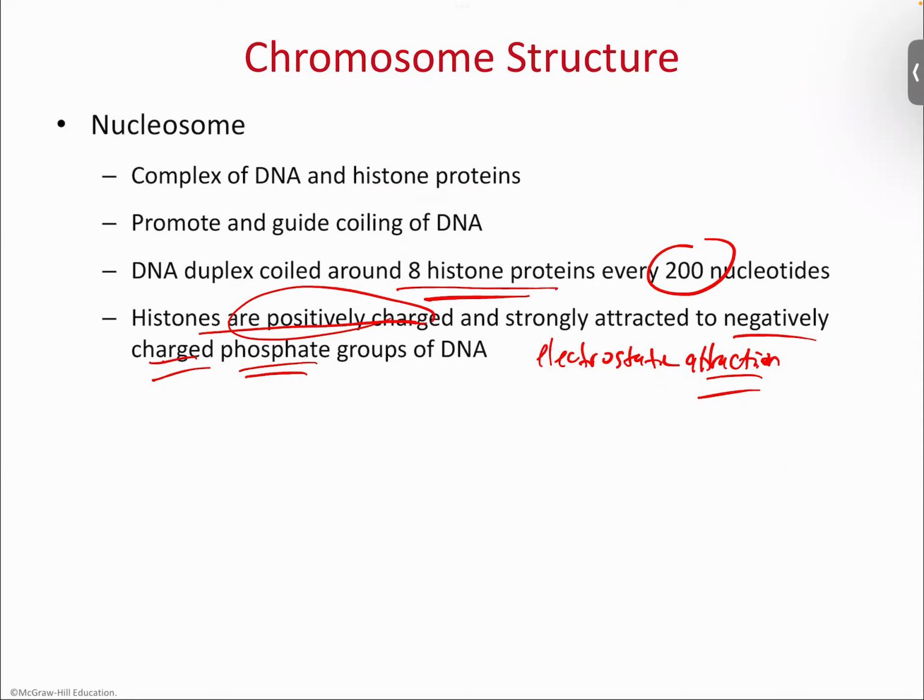That's the electrostatic charge, right? So it is a nice connection. Remember the balloon stuck to your head, right? But at the same time, it needs to be weak enough so that you can pull it apart and read the code, the DNA code that will tell you which amino acids to pick. So you need a combination of both, right? You need structure to hold it together, but you also need it to be reversible and weak so that you can actually get access to it. And that's the reason why you use this electrostatic attraction. It provides structure and access.